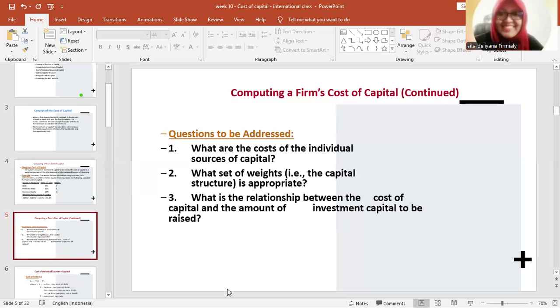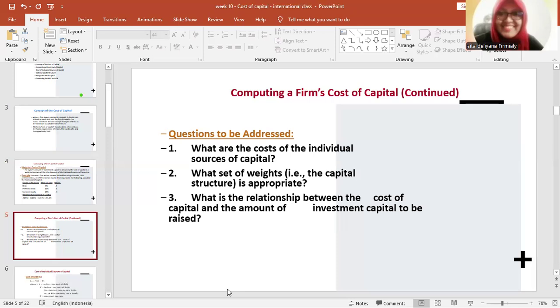The capital structure is about the balance between those two. The appropriate capital structure is the one that is able to lessen the risk within the company.